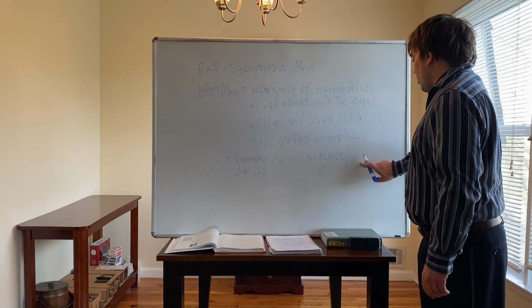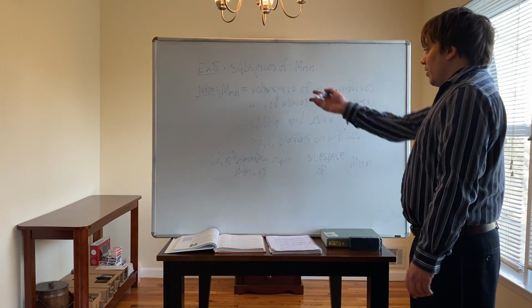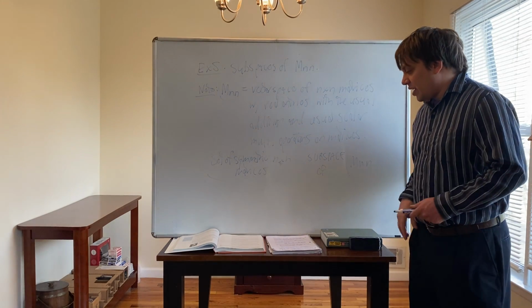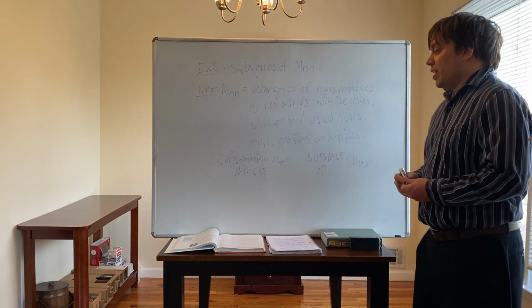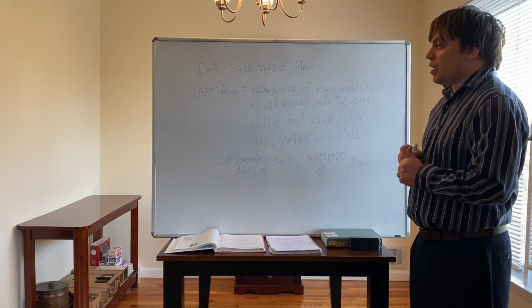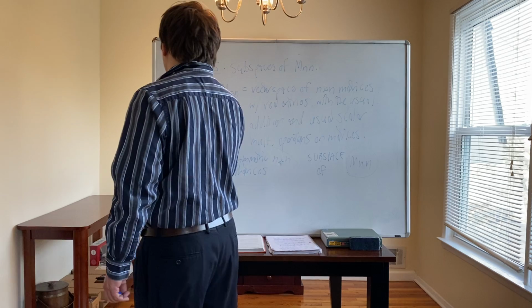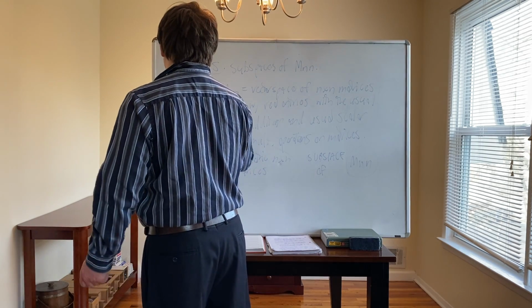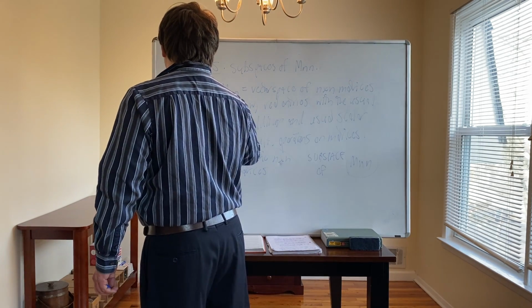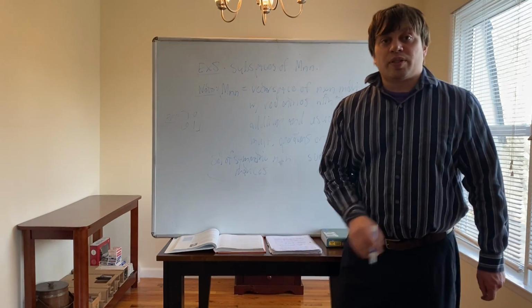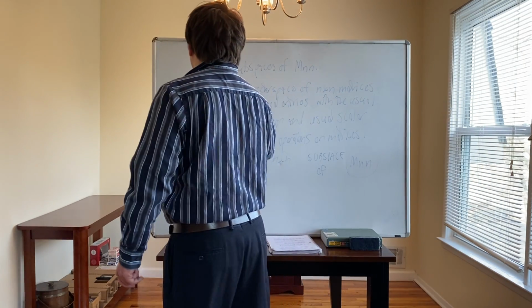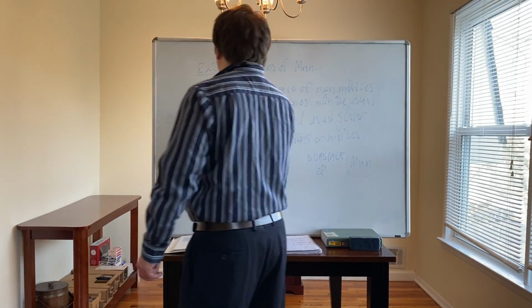Okay? So one subspace of that vector space M sub nn is the set of symmetric n by n matrices. Those are matrices whose transpose equals itself. For instance, an example of a symmetric matrix would be the matrix 1, 0, 0, 1. That's a symmetric matrix because if I take its transpose, it's equal to itself.